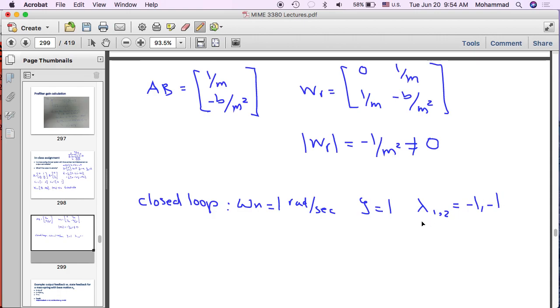For that, you need to, as we know, create A minus BK. This is A of closed loop. And let's make some assumptions also to make the calculations easier.